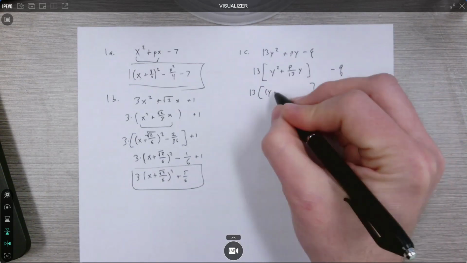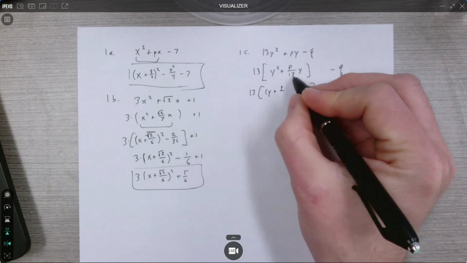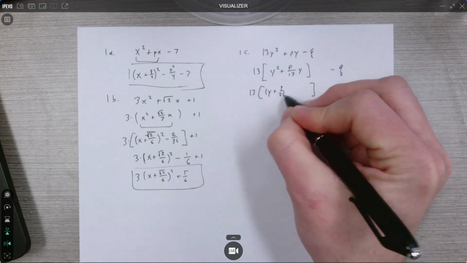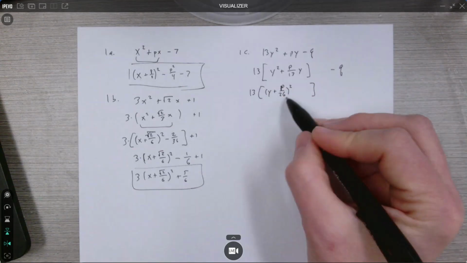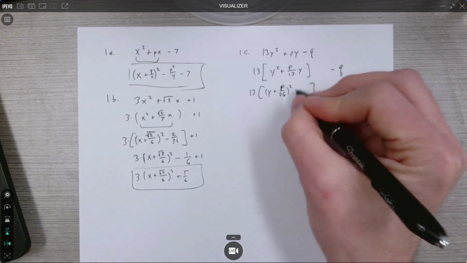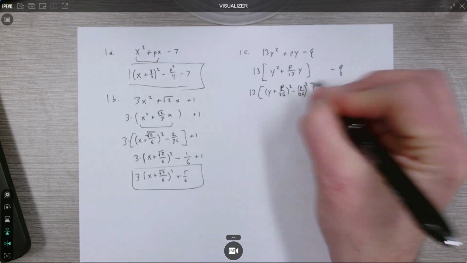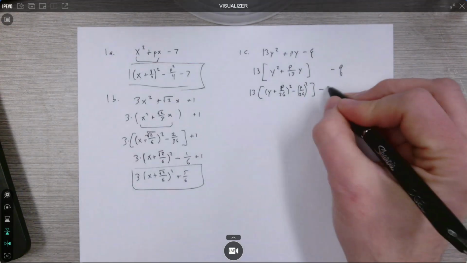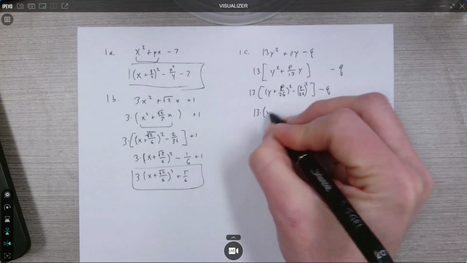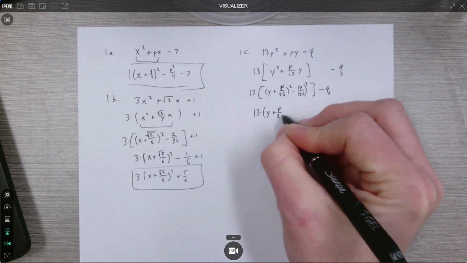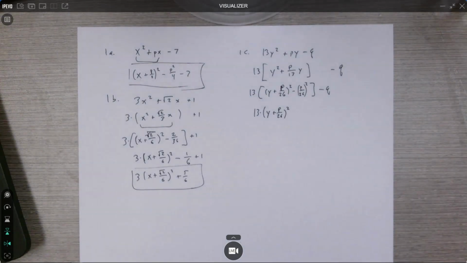So I've got y plus half that coefficient, so half that would be p over 26 squared. This is going to produce p squared over 26 squared, so I will now subtract the p over 26 squared to compensate. I've got the negative q, and let's multiply back in the 13. So now I've got 13 y plus p over 26 squared, and then multiply the 13 back in here.